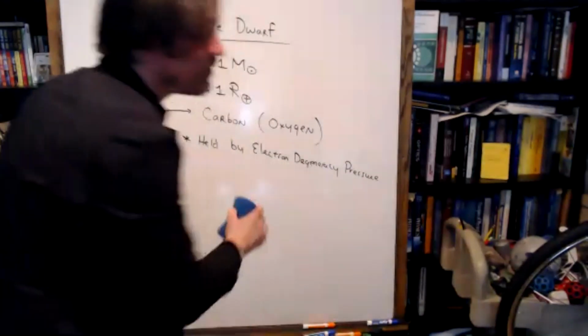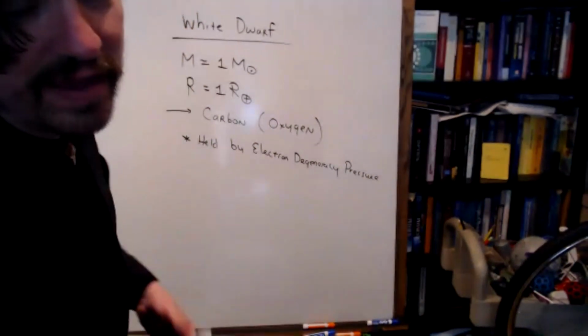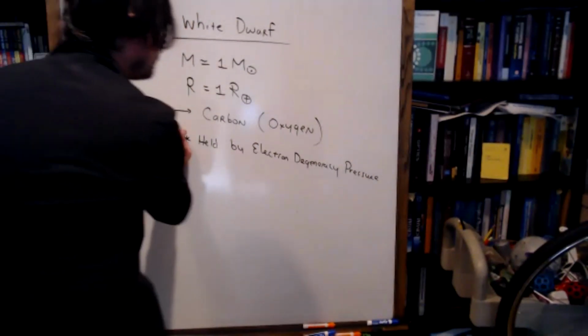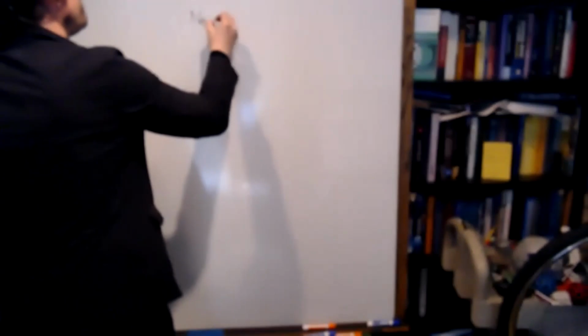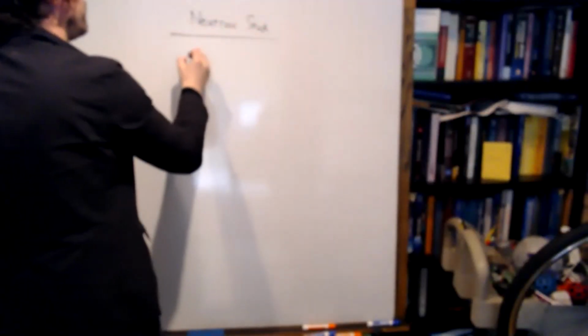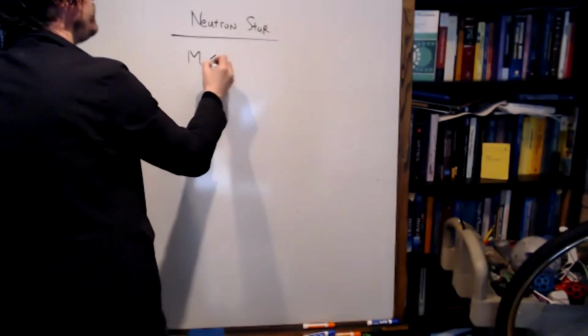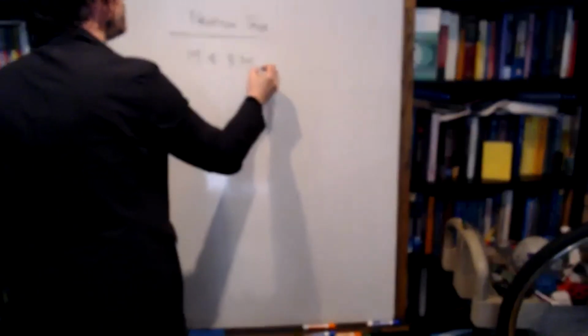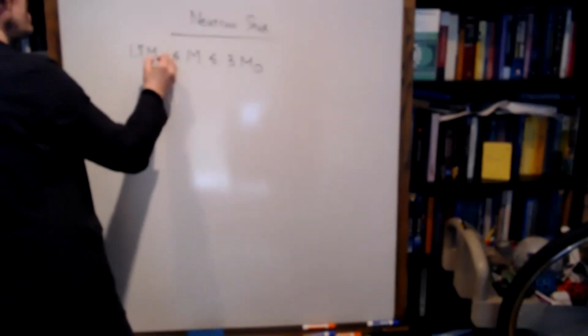Apparently neutrons also obey the Pauli exclusion principle, and they cannot occupy the same quantum state. So typical neutron stars, the mass ranges are somewhere between 3 solar masses and 1.5 solar masses.